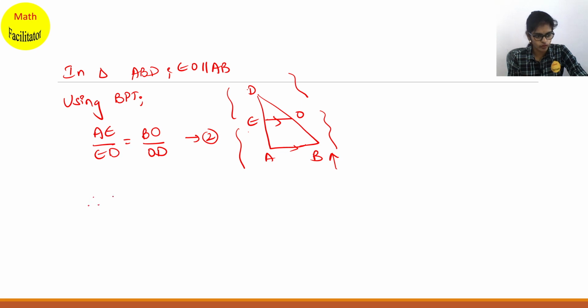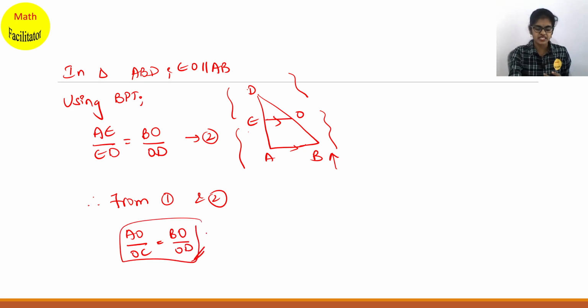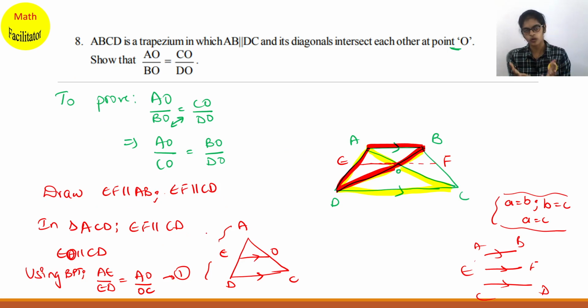Okay, so therefore from 1 and 2, what can I say? I can say AO by OC is equals to BO by OD. This is what you have to do. Yes or no? So firstly, you should understand what you want. Then we take the triangles accordingly.